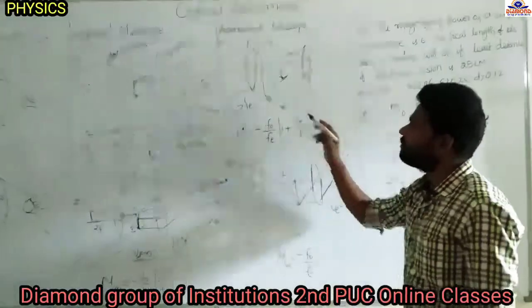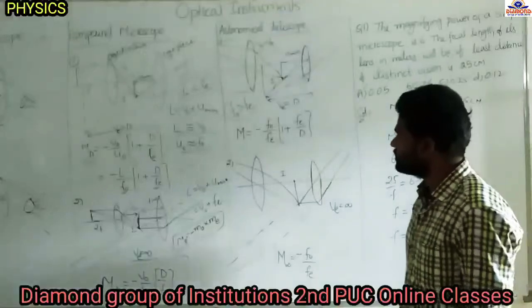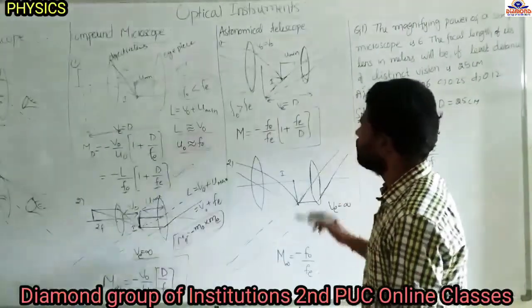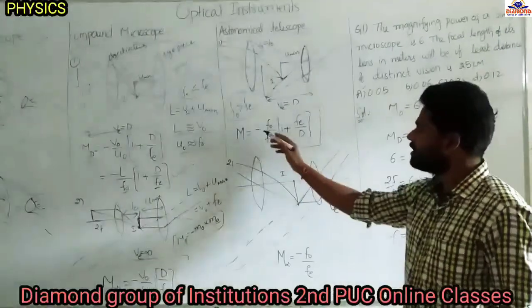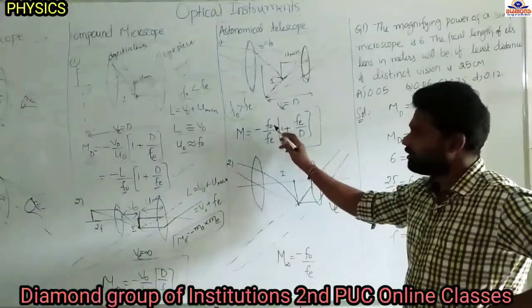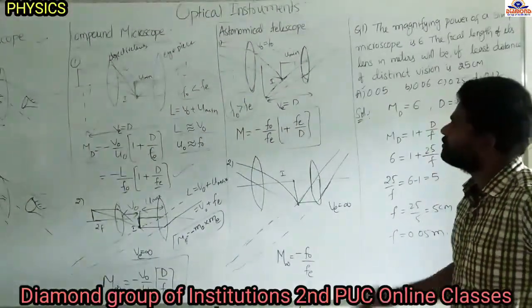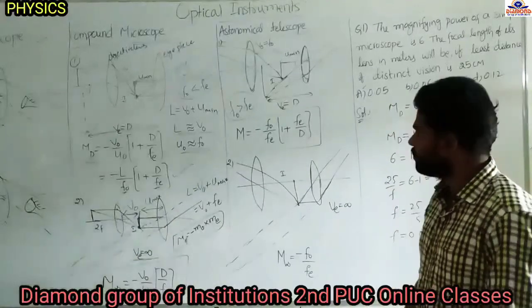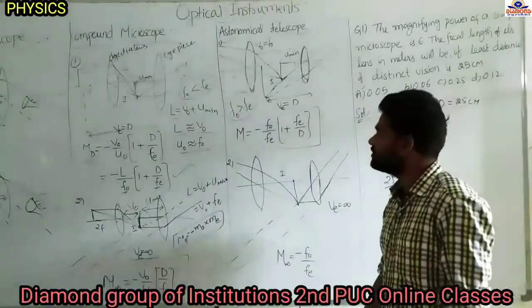Now whenever the image is at the least distance of vision, the magnifying power formula is minus f naught by fe into 1 plus fe by d. Here f naught is the focal length of the objective lens, fe is the focal length of the eyepiece, and d is the least distance of distinct vision.